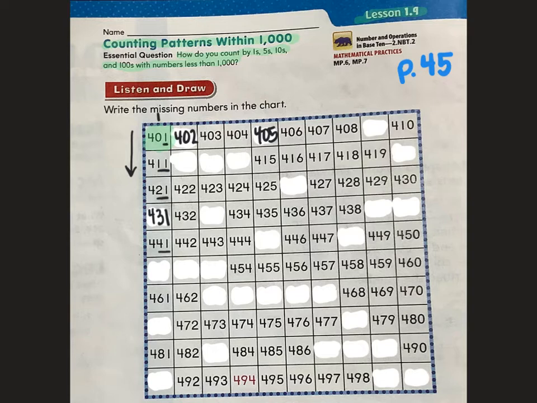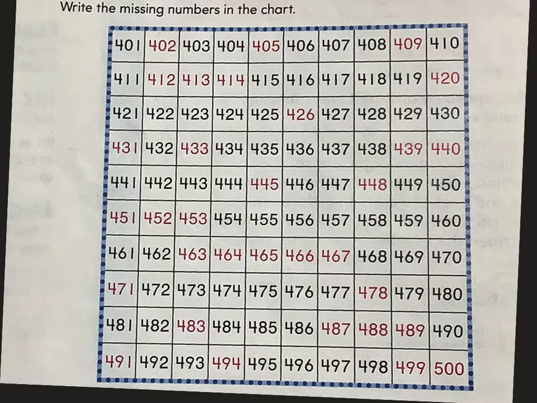Whatever way makes the most sense to you, pause this video and try your best to fill in these blanks with the missing numbers. Okay, hopefully you paused and filled out your own hundreds chart. You can now look at this to correct yours, see did you mix any numbers up or did you write it correctly. You can pause this video to look at this hundreds chart.